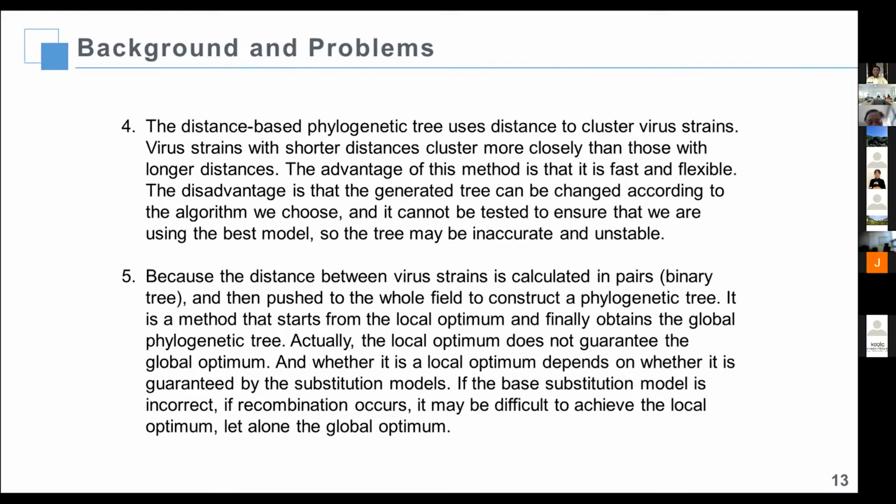Actually, the local optimum does not guarantee the global optimum, and whether it is a local optimum depends on whether it is guaranteed by the substitution model. If the base substitution model is incorrect, or if recombination occurs, it may be difficult to achieve the local optimum, let alone the global optimum.